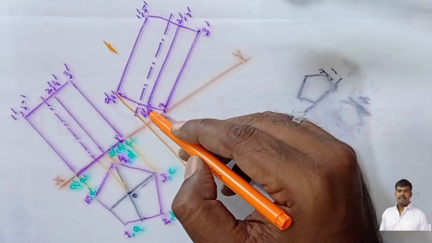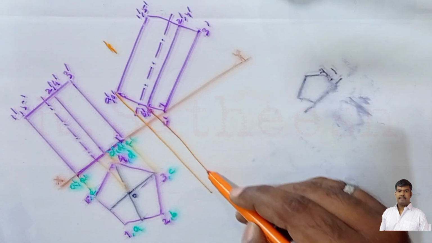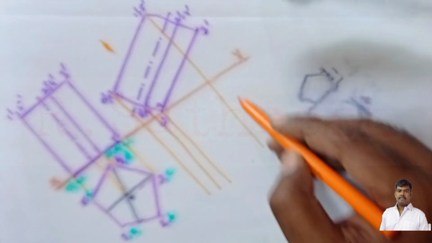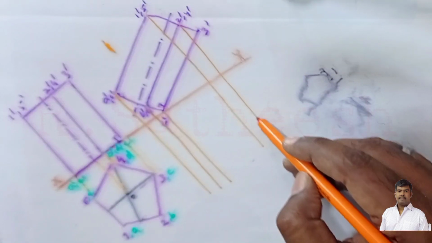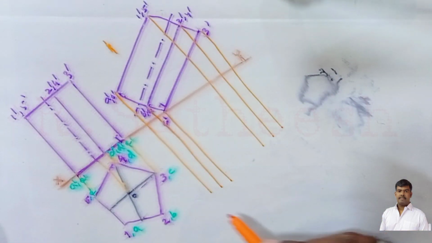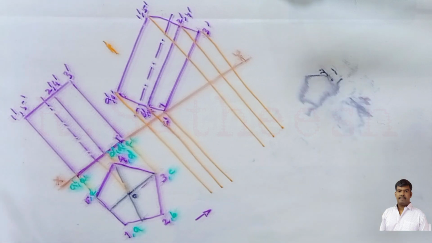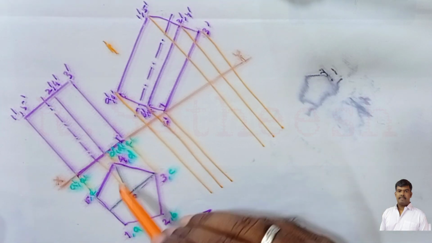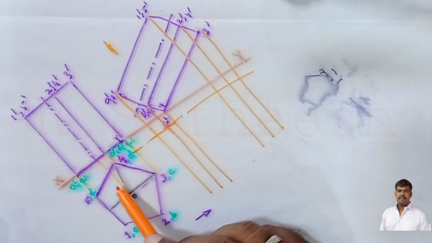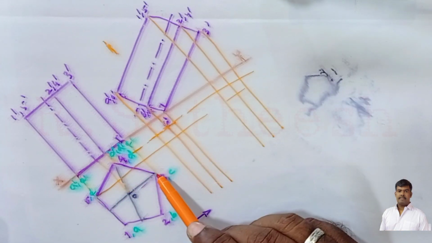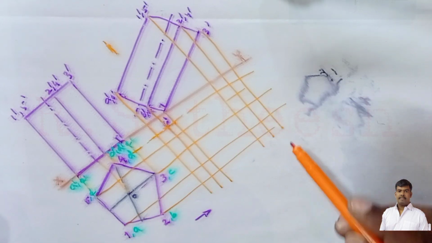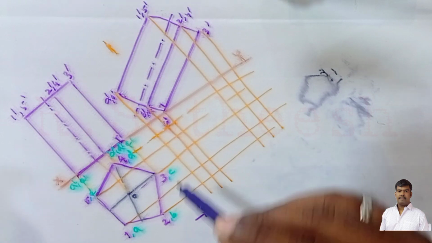So AE, BD, C. Similarly 1, 5, 2, 4 and 3. Here to here are the projection lines. This is the 4 and D projection, 5E, 3C, 1A, 2B. Where are the intersection points?